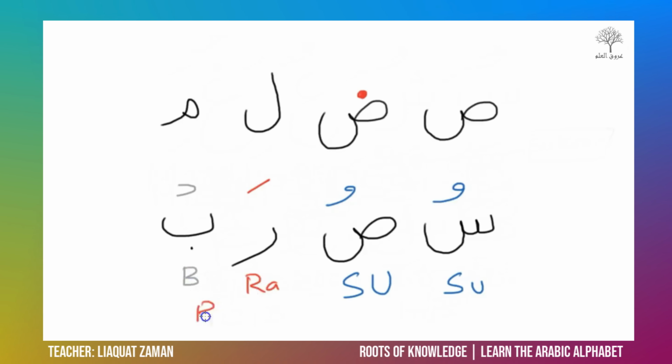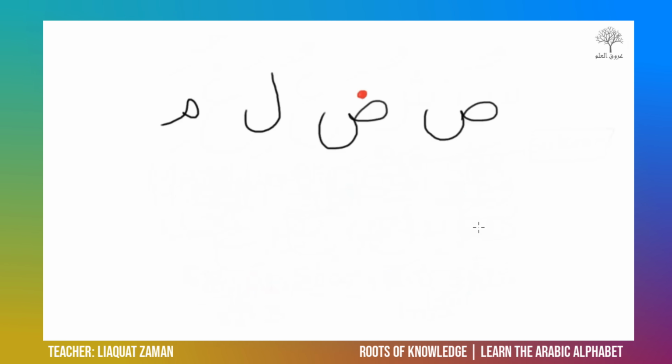So when you put it together, it becomes Rabb. So su, Rabb. Okay, so again, here's a few more random letters to have a go at.